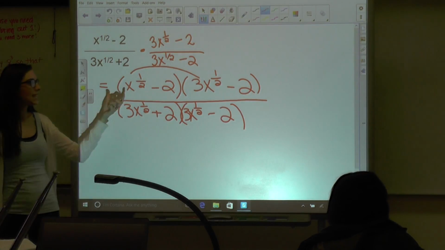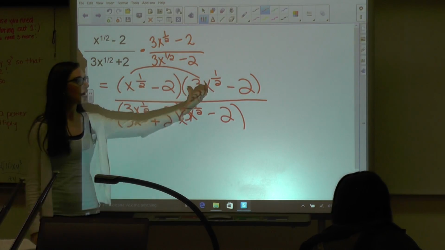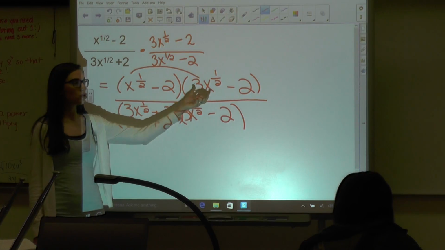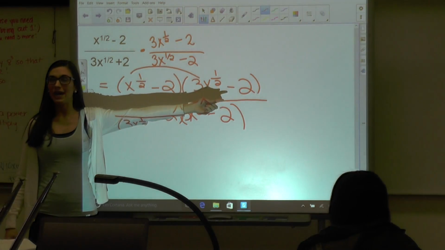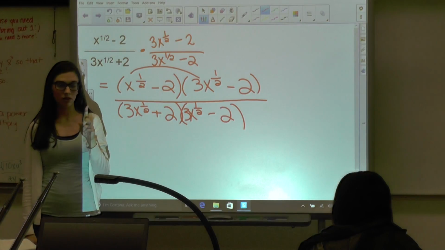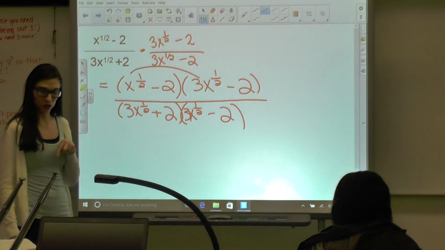You add the exponents. 1/2 plus 1/2 gives you 1.